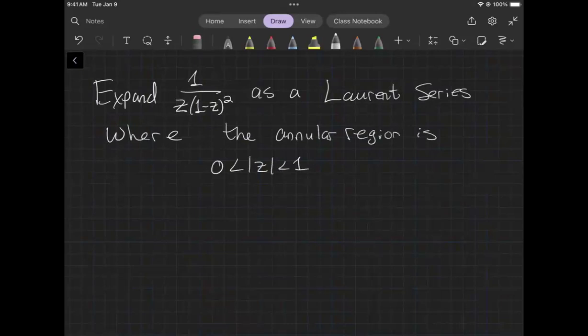Okay, how about this one? So if you want to, try to pause the video and work on this example, okay? But otherwise, let's see what we can do here.